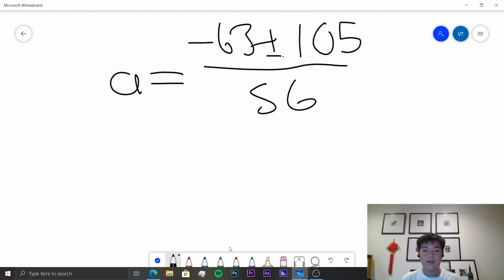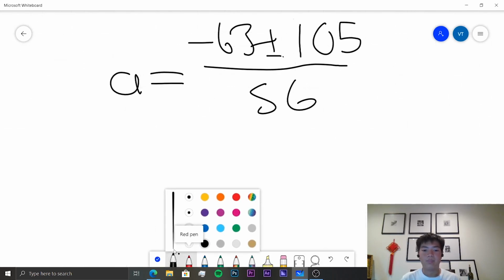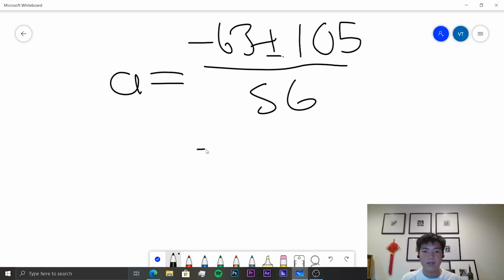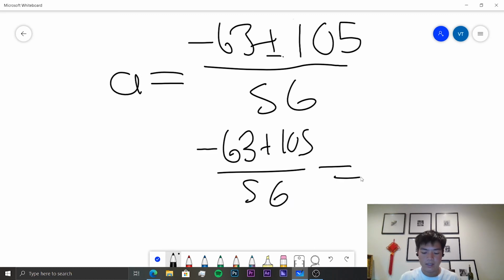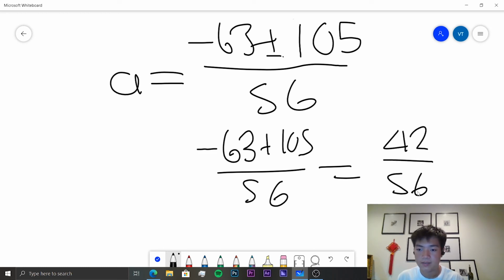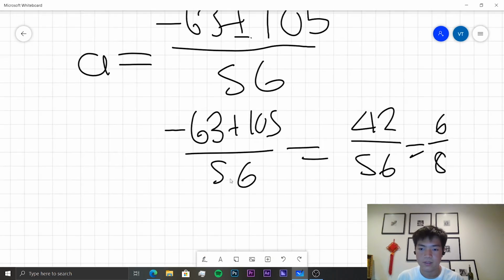The only value of a that will be between negative 1 and 1 is when we add 105 and divide by 56, since the result will be less than 1. So we have 42 divided by 56, otherwise known as 6 over 8, or 3/4.